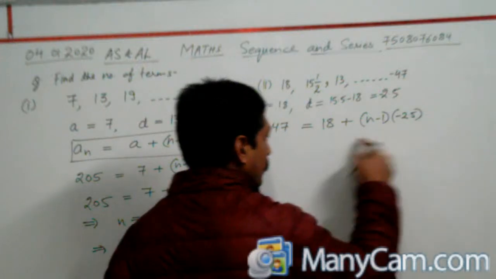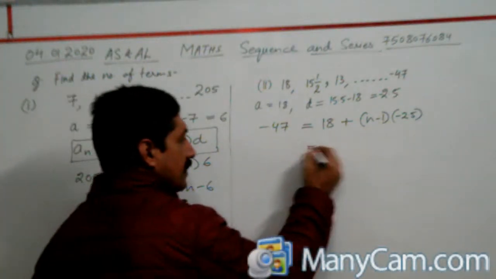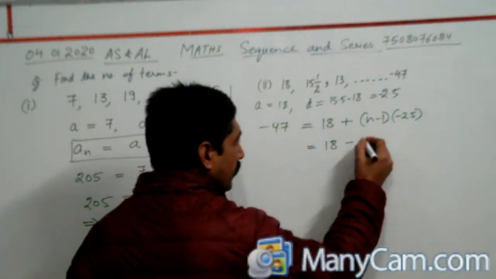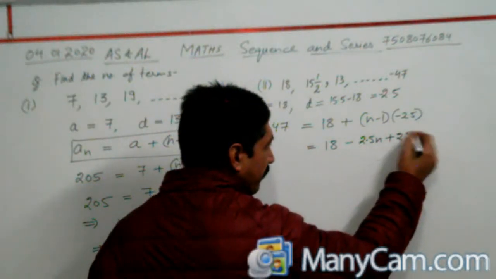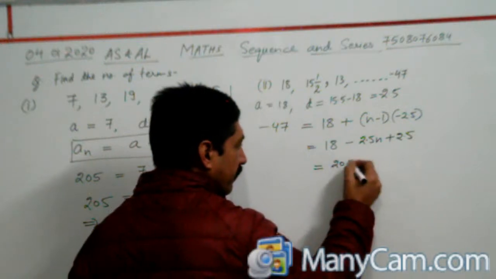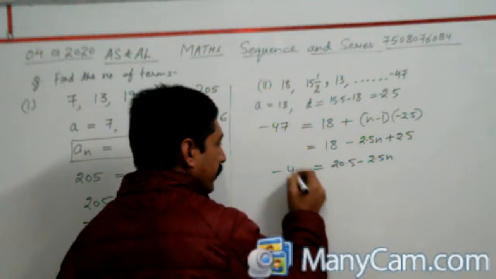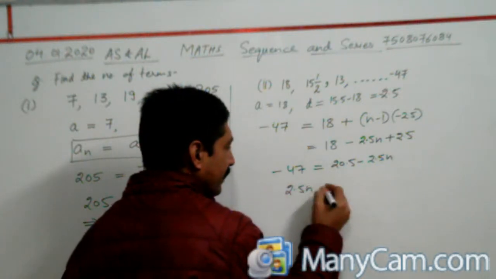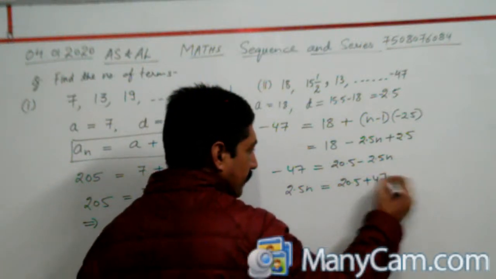So here we will solve for n. So here we have 18 minus 2.5n plus 2.5. So when we add, we have 20.5 minus 2.5n is equal to minus 47. So when we rearrange, 2.5n is equal to 20.5 plus 47.